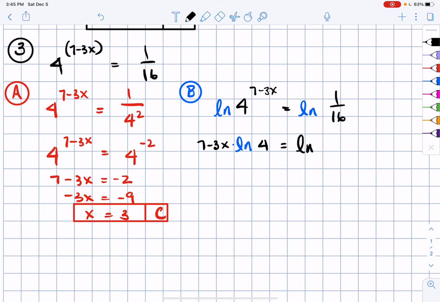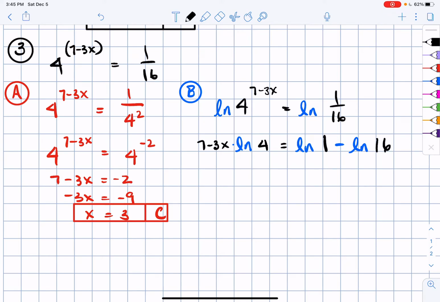So I'm going to have the ln of 1 minus the ln of 16.